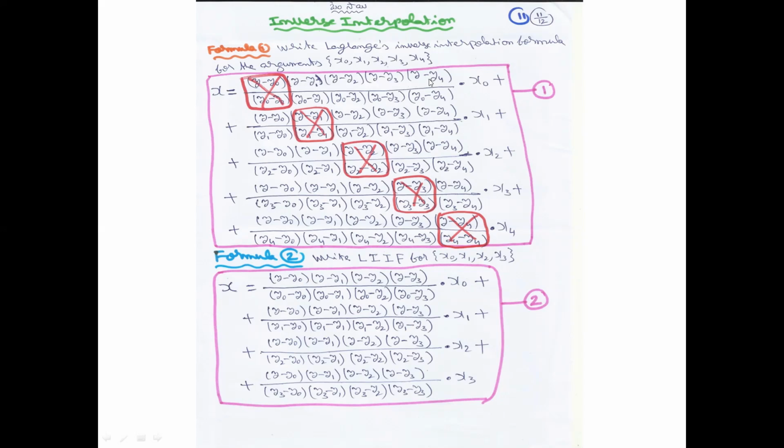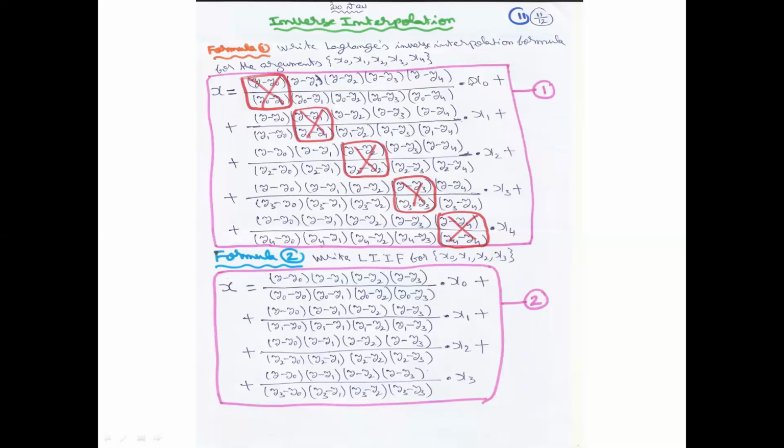But here, see the cursor, in place of x, I have written y. In place of x0, x1, x2, x3, x4, I have written y0, y1, y2, y3, y4. So that is the only difference between Lagrange's method and Lagrange's inverse interpolation formula.